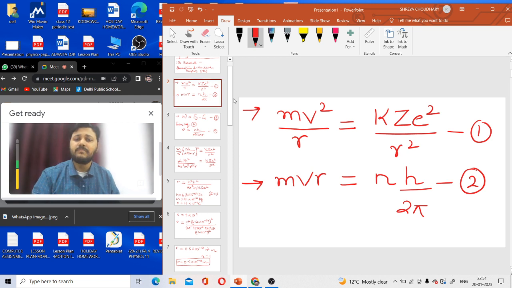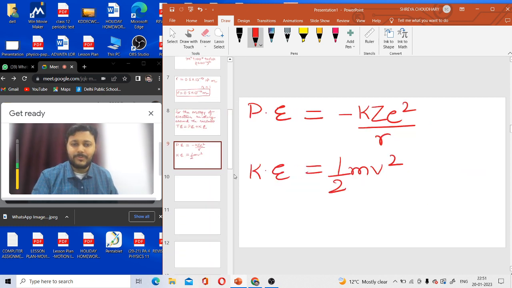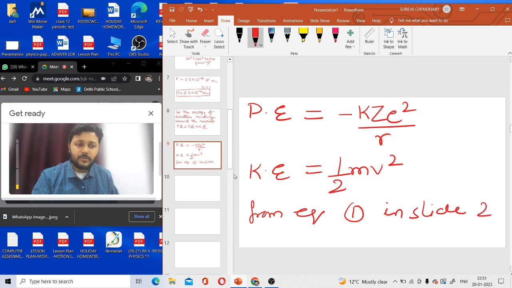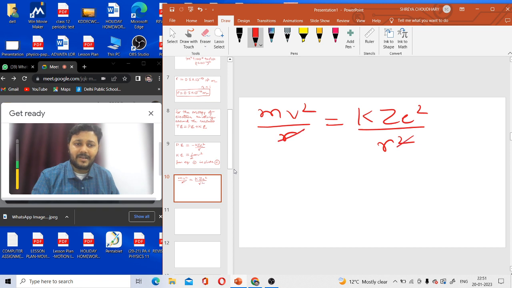As you can see in slide number 2, mv² by r equals kZe² upon r². On cancelling r with r, from equation 1 in slide 2, mv² will be equal to kZe² upon r.